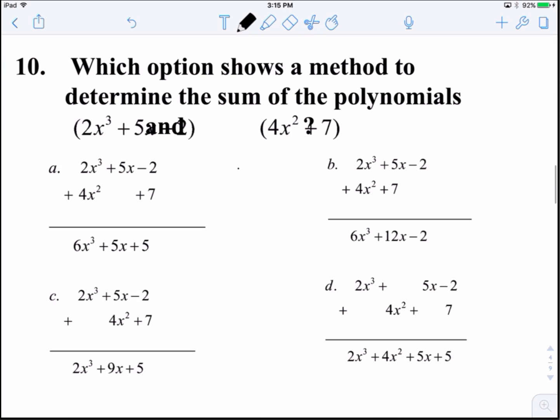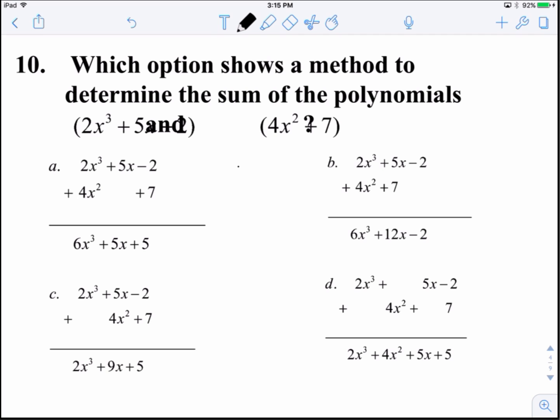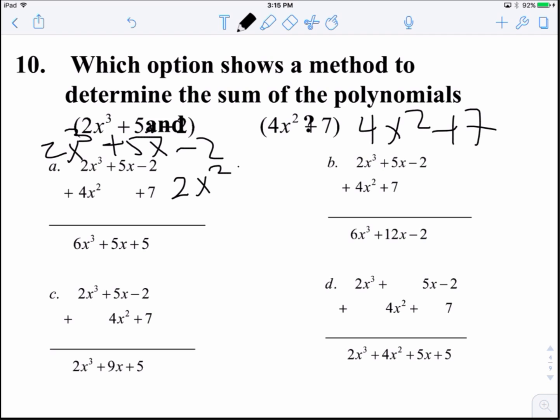Okay, number 10, let me rewrite number 10. So we have 2x to the third power plus 5x minus 2, and we have 4x squared plus the 7x. Which options show a method to determine the sum of the polynomial? In order to do this, it's easy. We will line up the like terms. So we have 2x to the third power plus 5x minus 2 and 4x squared plus a 7.